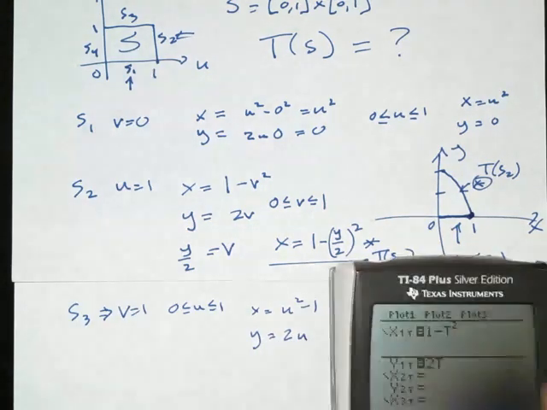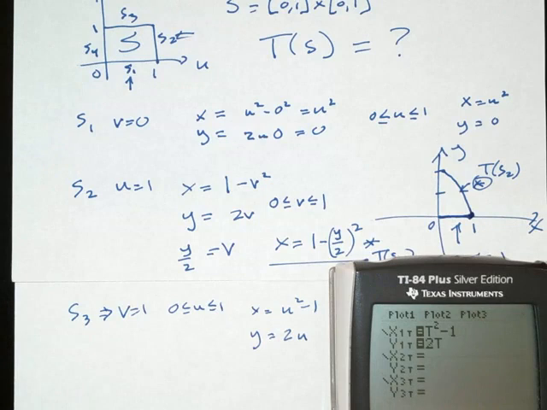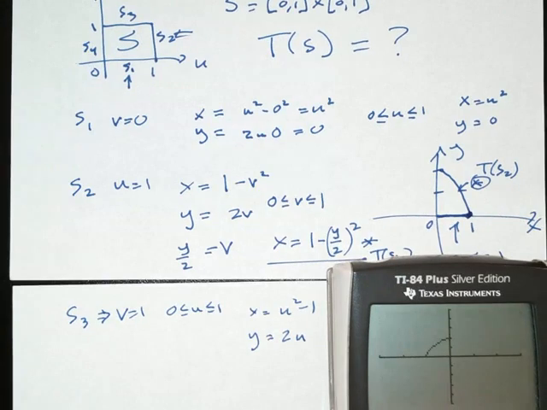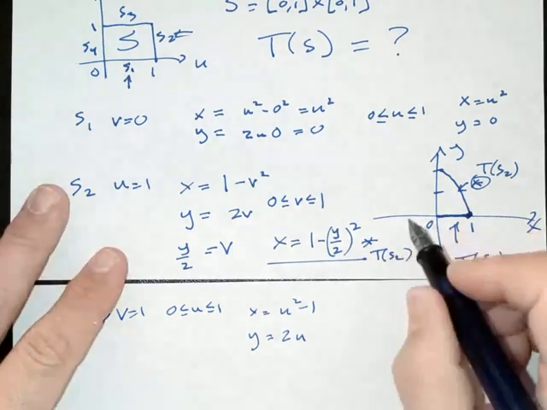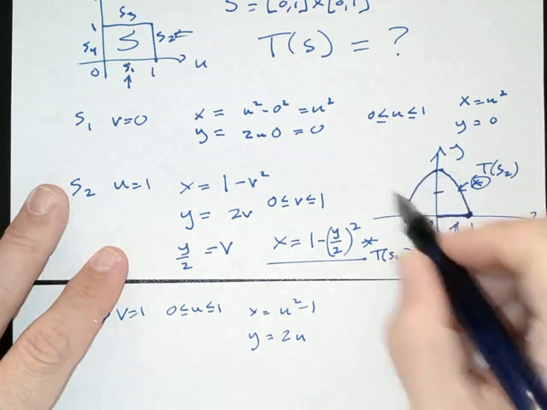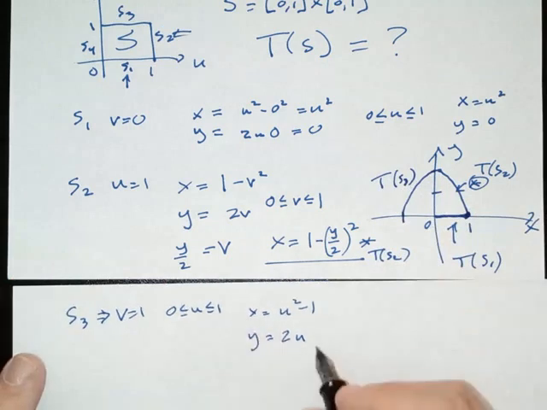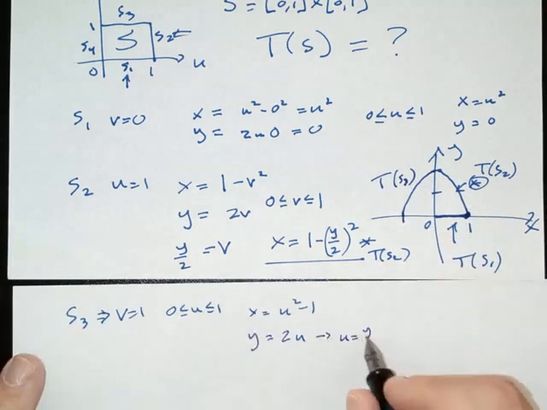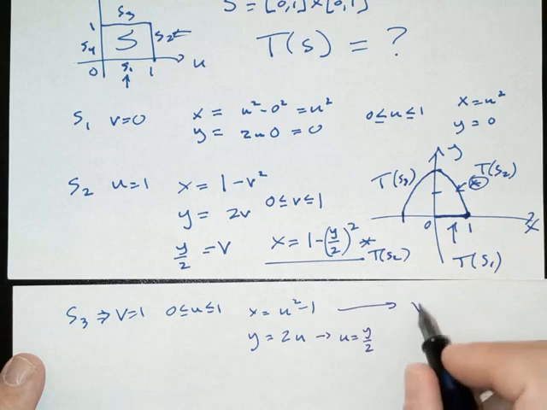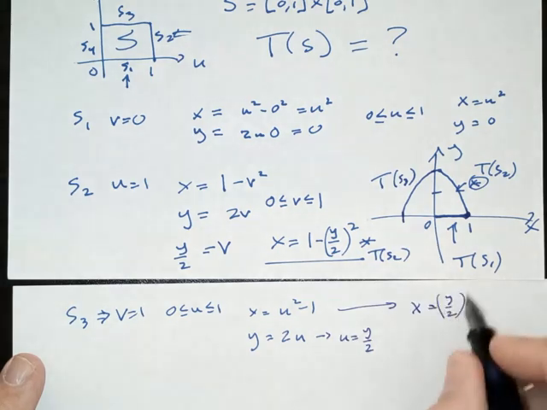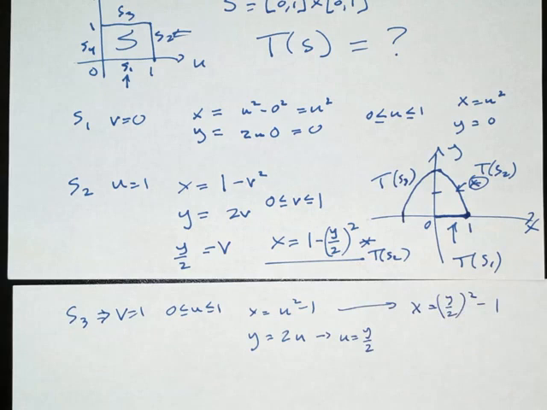So if I graph that, X equals T squared minus 1, Y equals 2T, I get the mirror image. And again, if I rearrange, I have the equation for the parabola that is that side.